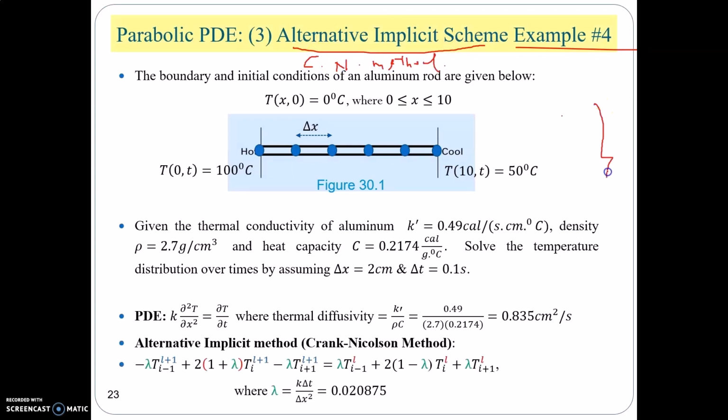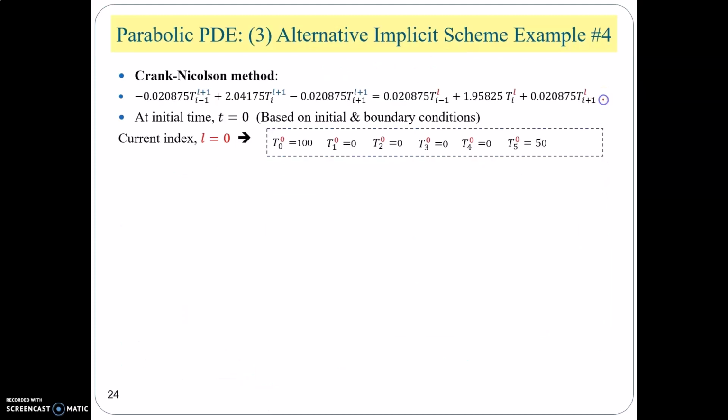So we have the same example as in example 1, 2, 3, where this is the initial condition, this is the boundary condition, and then from the k, prime, c, rho, you obtain k to be this answer, and from the k, delta x and delta t, you can obtain the lambda. Substitute the lambda inside the Crank-Nicolson formula, then you should obtain this equation, and based on the initial and boundary conditions, this is the temperature at the 6th point.